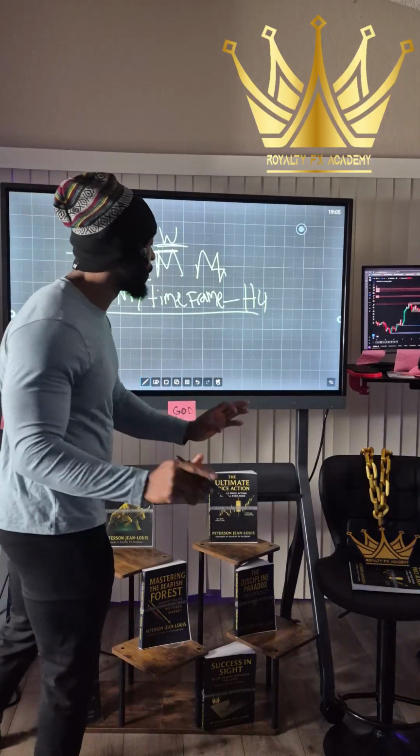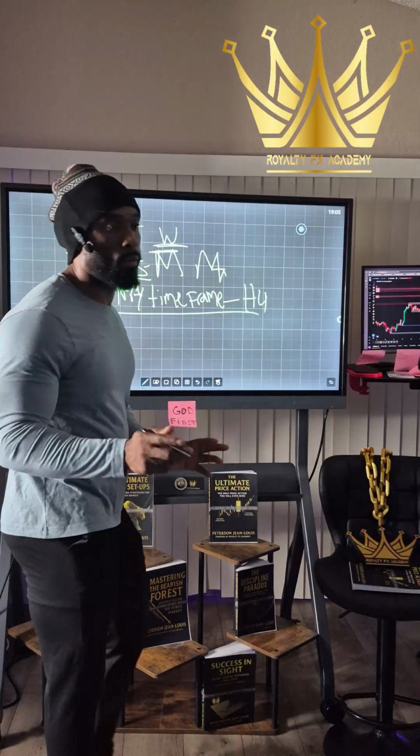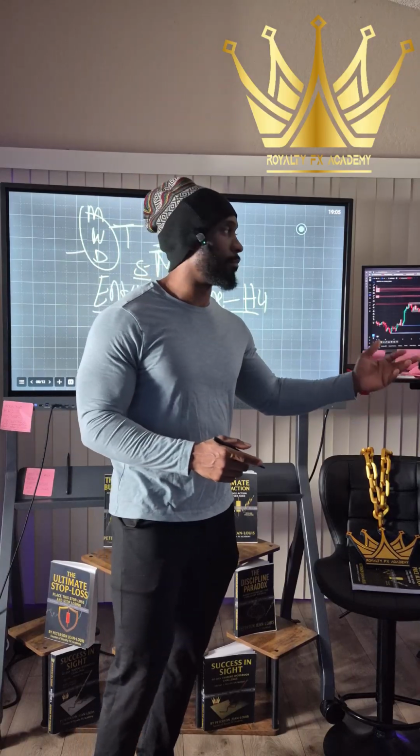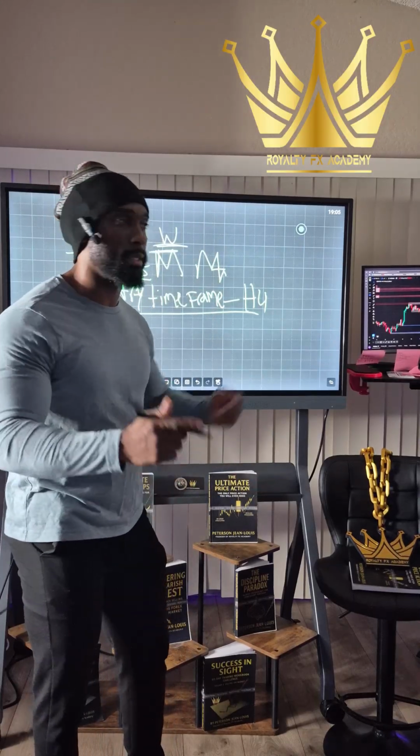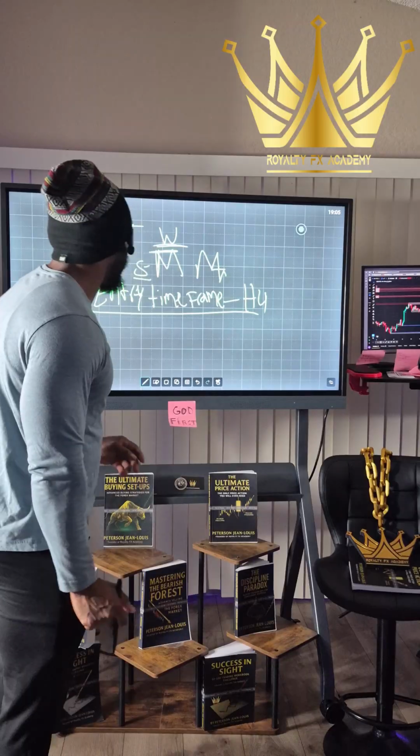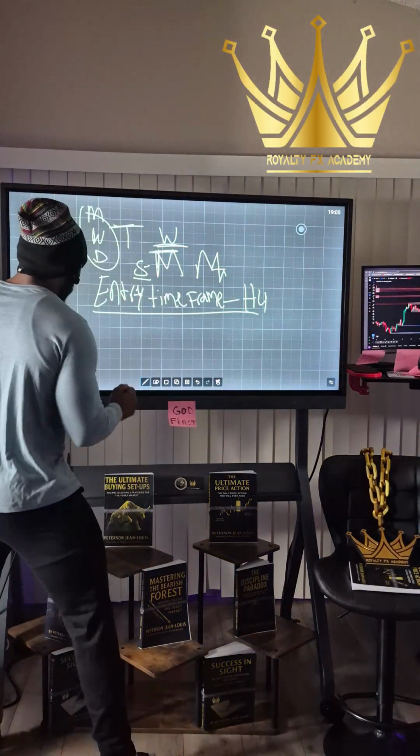Now, confluences. This is what I said when I said the whole indicator aspect, because I don't use indicators, but the RSI is considered an indicator. So when I say I don't use indicators, I'm talking about other bots, little other stuff. But here we go.